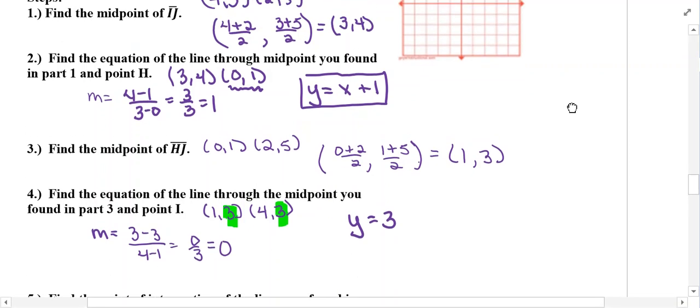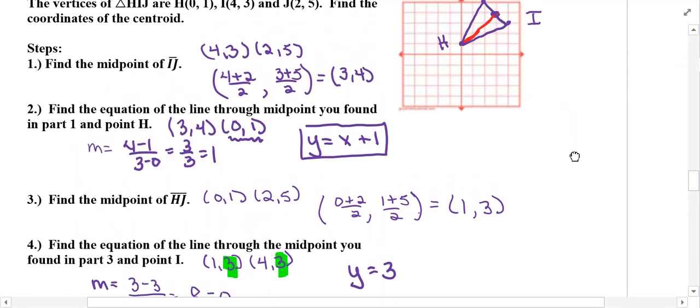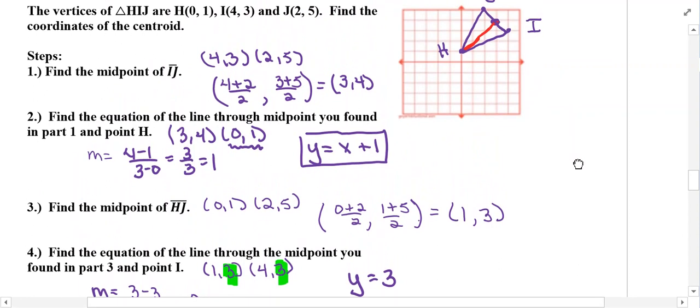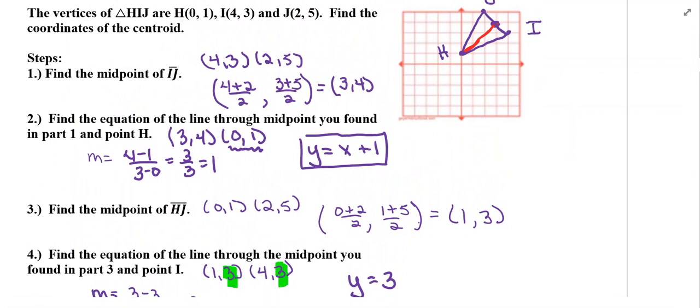Looking back at our picture, we found the midpoint of HJ, which was (1, 3), which is right here. Looking at the picture, we can definitely see that this would go through this right here. Here's our centroid.